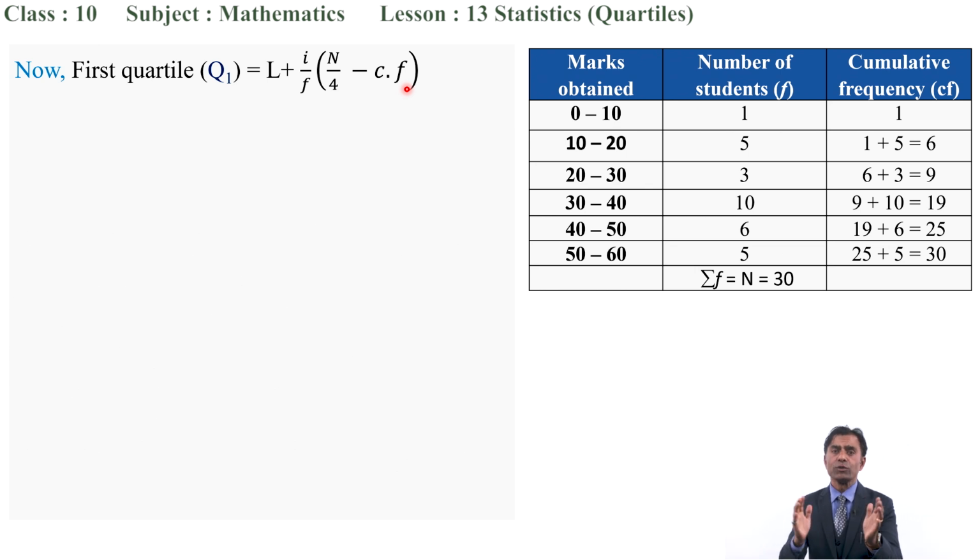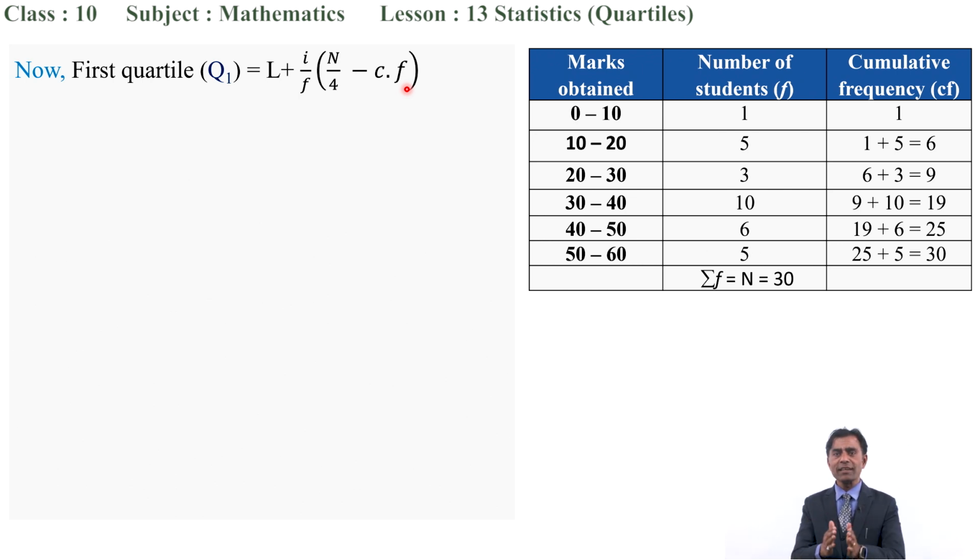So before finding L, I, CF, n and F, what does L represent? In this formula, we used a similar formula in median. What is the meaning of L in median? Can you tell me the answer? Yes.